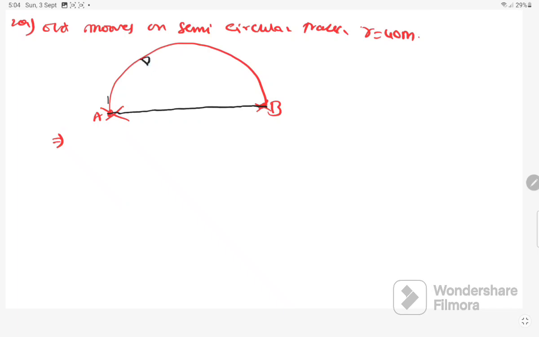Even though the old man is traveling like this is distance for the old man, but the displacement is this only, always, right? Displacement will always be a straight line between starting and ending point, right?